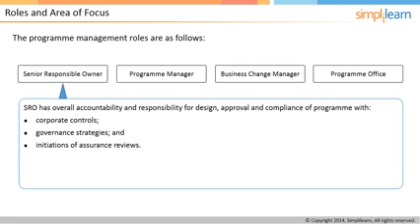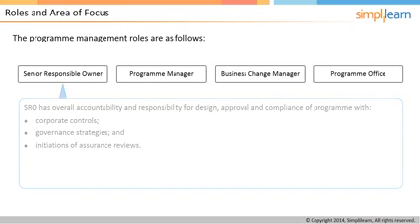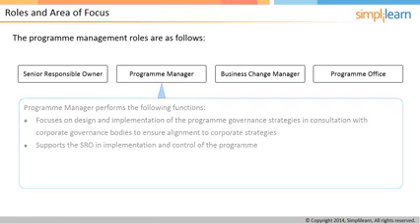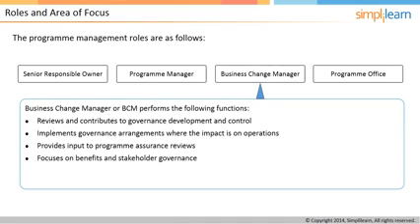The SRO is responsible for ensuring compliance of program with corporate controls, governance strategies, and initiations of assurance reviews. The Program Manager focuses on design and implementation of program governance strategies and ensures its alignment to corporate strategies in consultation with corporate governance bodies. The Program Manager will initiate the stakeholder consultation and also support the SRO in program management.